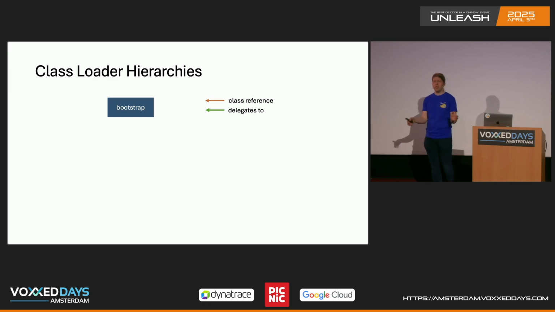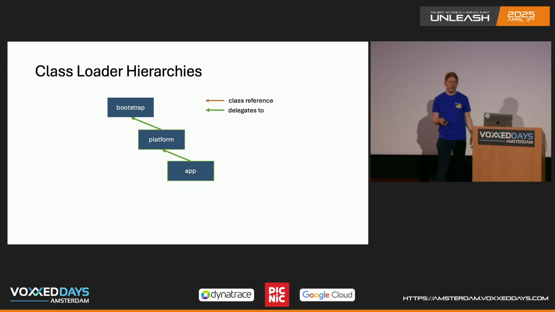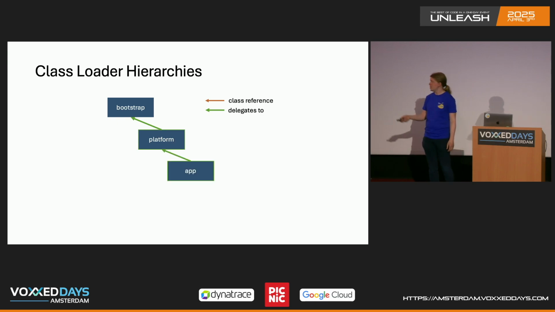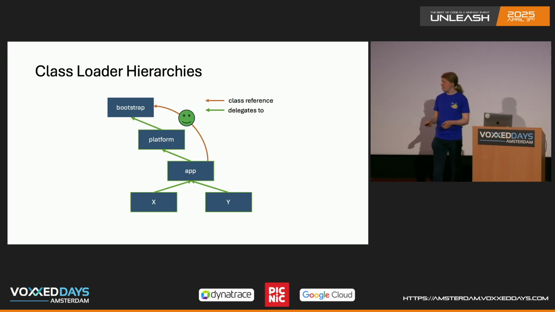As you might know, there's a bootstrap class loader, where all the most basic classes are in. Then you have the platform class loader where your Java runtime libraries are in. Then we have an app class loader, which loads your application, and then we have application classes, in this case X and Y. What's fine is when you have a class in the app class loader and it uses bootstrap classes.